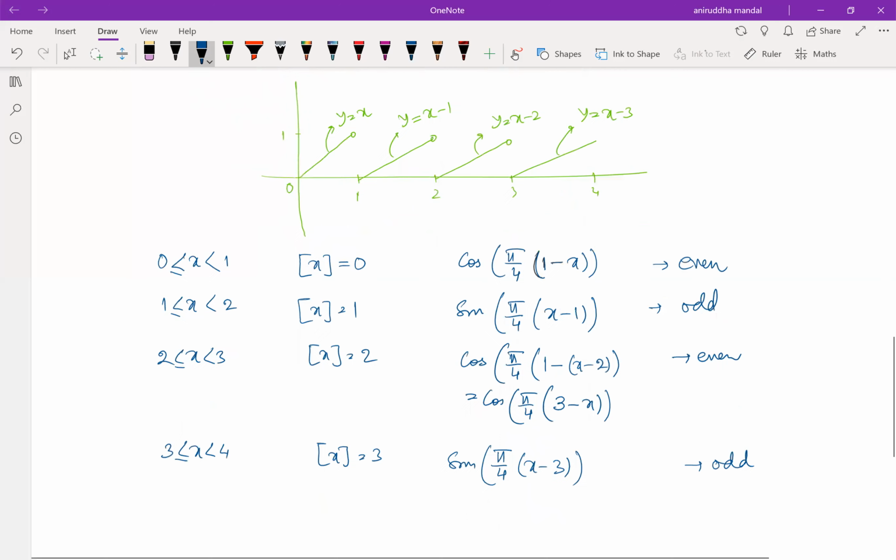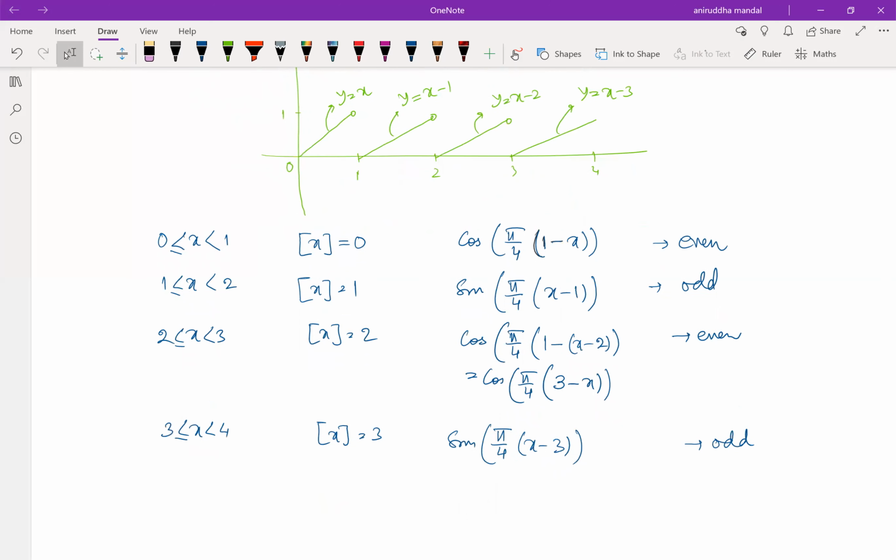So you can easily see that it will continue like this: 1 minus x, then x minus 1. In between 2 and 3, it is 3 minus x, then x minus 3. Next, we will write two more.